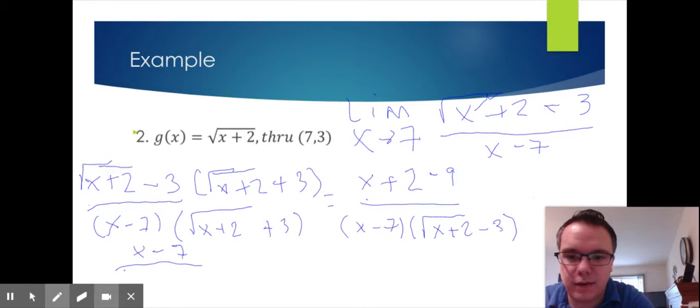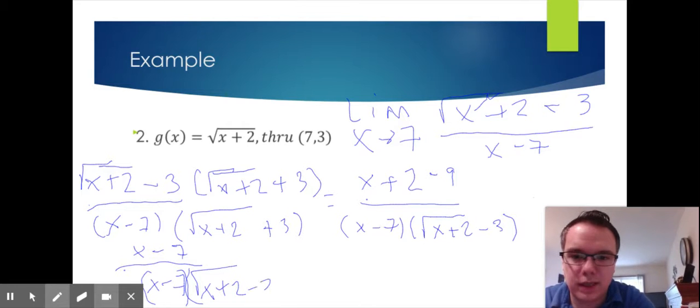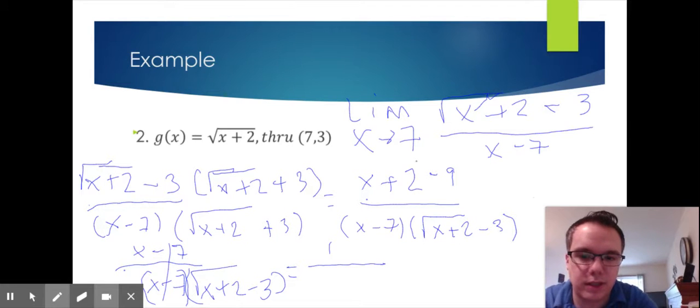And I still have an x minus 7 and the square root of x plus 2 minus 3, so my x minus 7s cancel out. Then I can plug in my x value, which is 7. So I'll get the square root of 7 plus 2 plus 3 on the bottom.